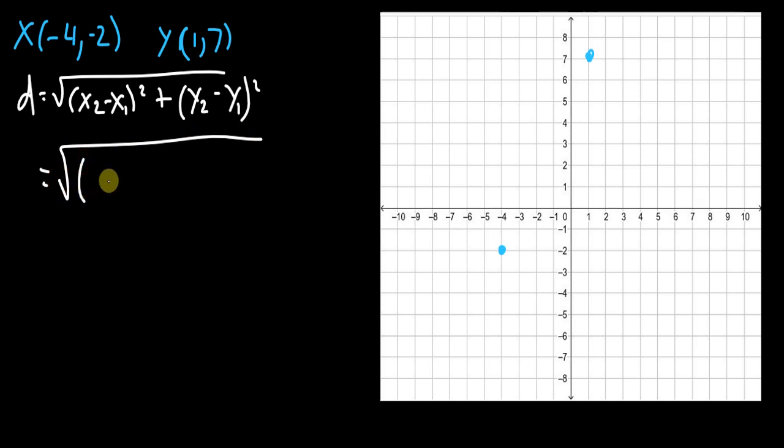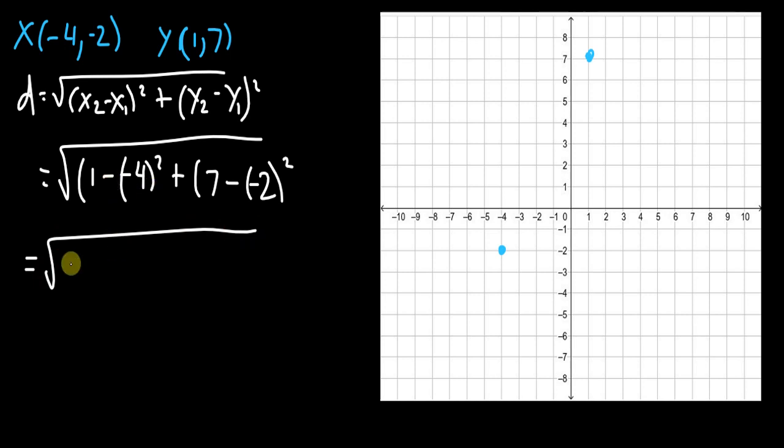So, x sub 2, that is 1, minus x sub 1, that is -4. So, that is double negative square. Plus y sub 2, that is 7, minus y sub 1, that is -2. So, double negative din. So, kapag double negative yan, so magiging plus.